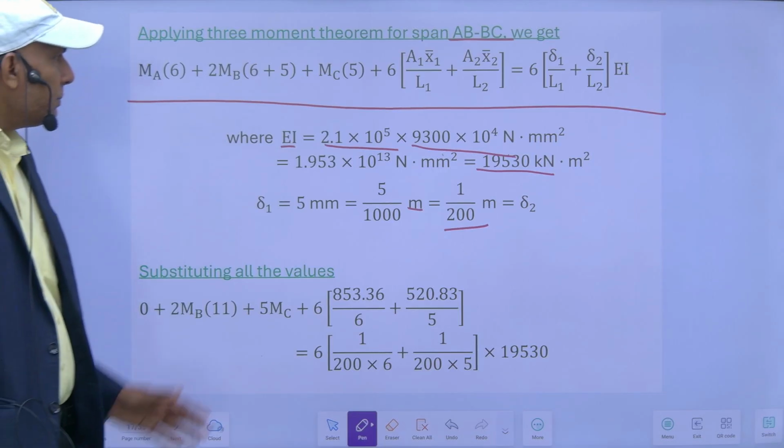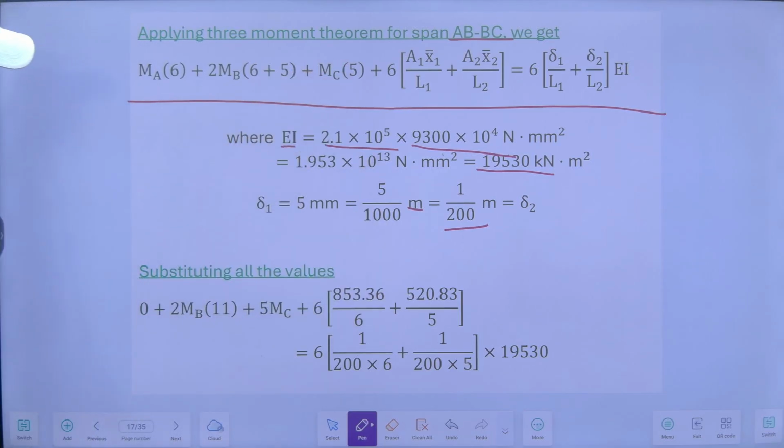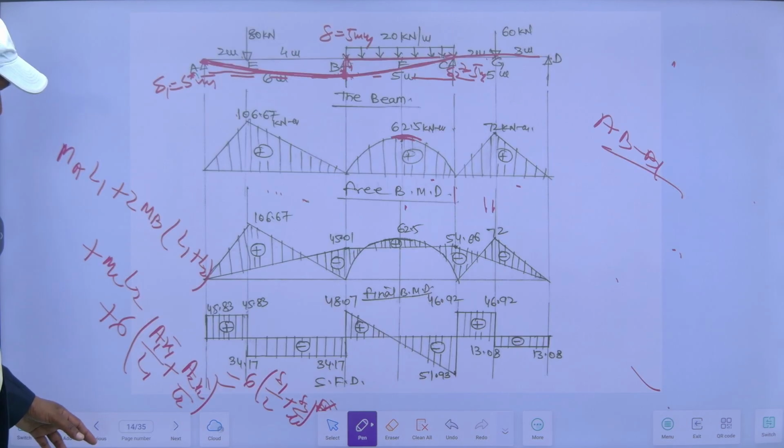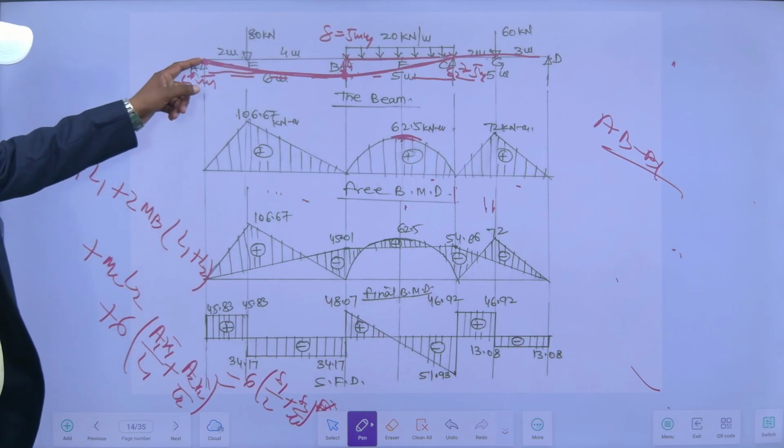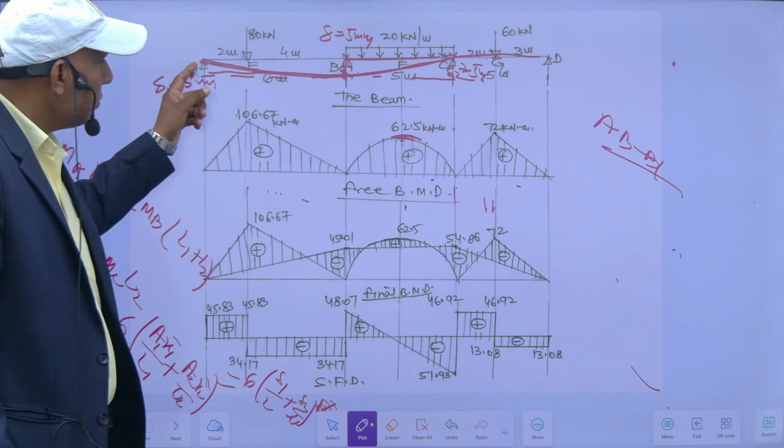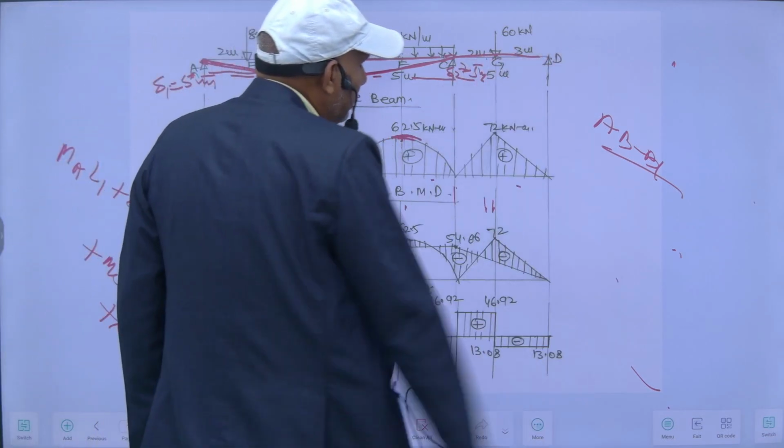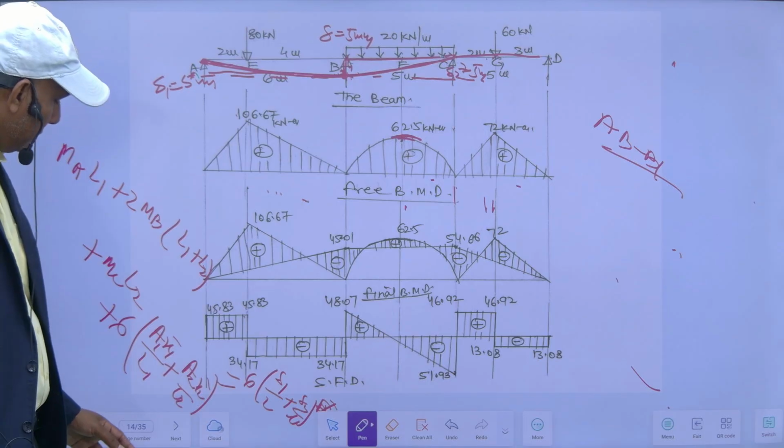So, now let us put the values in these equations. MA is equal to 0, since this is a simply supported support, so MA and MD are equal to 0.